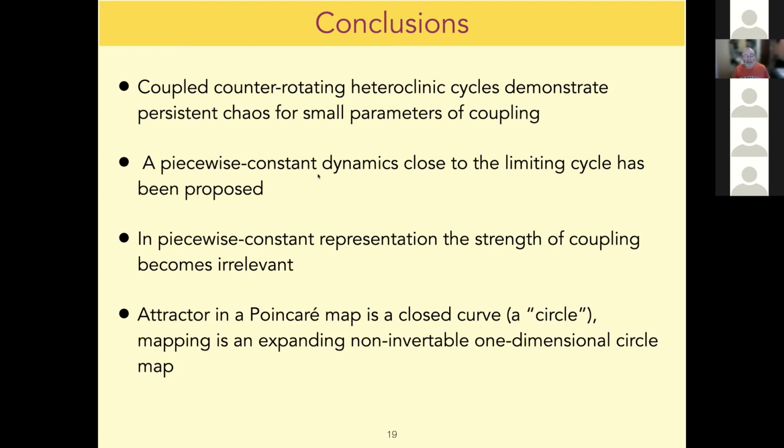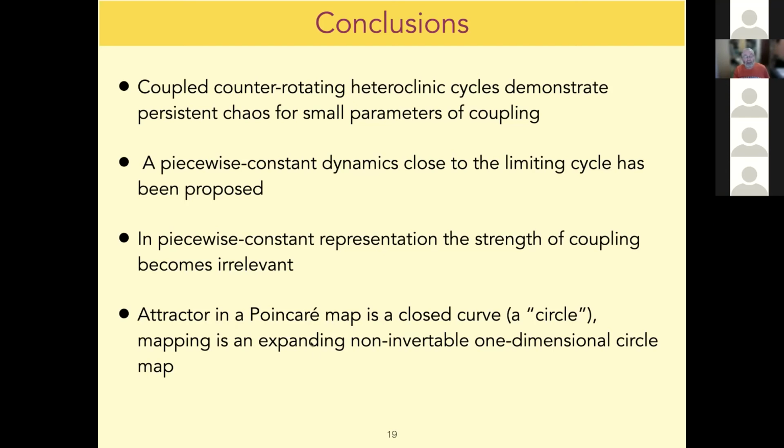This can be understood within piecewise constant dynamics, where the strength of coupling essentially becomes irrelevant. So it should capture the asymptotic behavior at very small coupling.